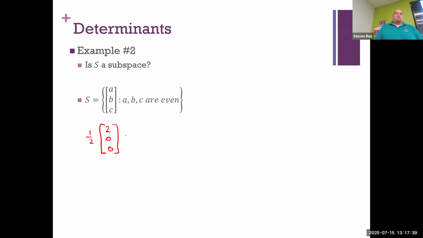And if I multiply this by a half, I get 1, 0, 0. Why is that a problem? 1, 0, 0 is not inside S, right? So 1, 0, 0 is not in S. So the answer is no. So it's not closed under multiplication. So because of that, we can already say no, right?